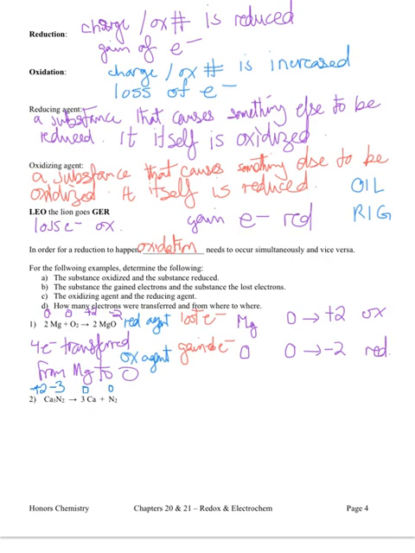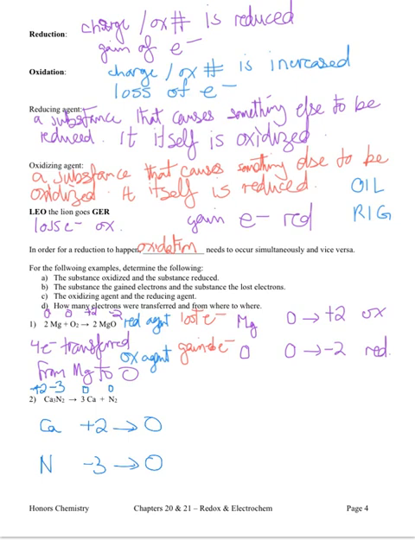Okay, so let's write them down here. So calcium went from +2 in the reactants to 0 in the products. Nitrogen went from -3 to 0 in the products. Okay, you always ask yourself first, which one got reduced?